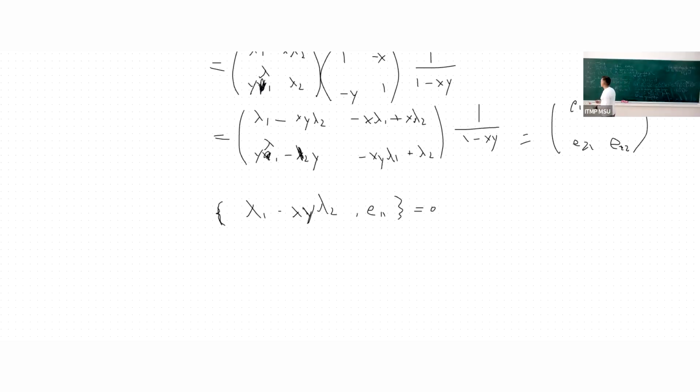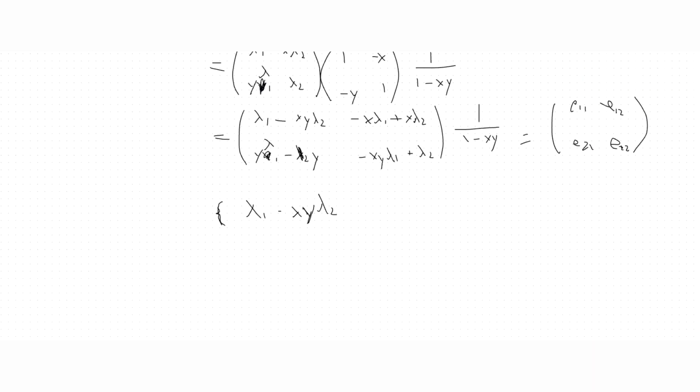So my proposition is the following: let us calculate the Poisson bracket of E11 with E12, but in terms of x and y. Oh, yes, and I see, this will give you the Poisson bracket between x and y.